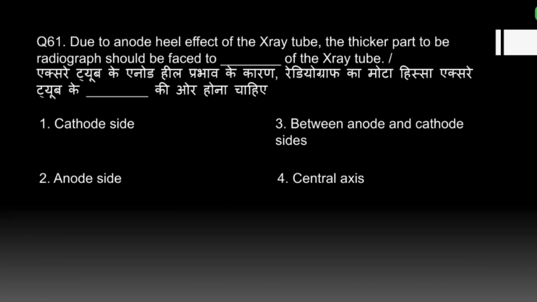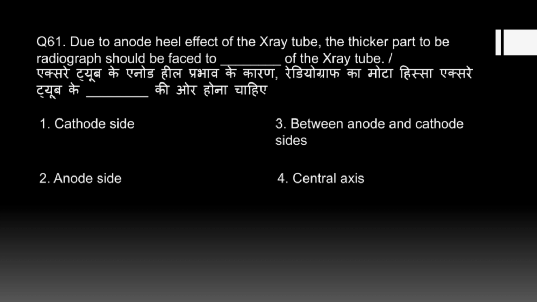Question number 61. Due to the anode heel effect of the X-ray tube, the thicker part to be radiographed should be faced to what side of the X-ray tube? So in the anode heel effect, you know that one part is thicker and one part is thinner. We have to tell which part is thicker to the X-ray tube and which part is thinner. Options are: option 1 is cathode side, option 2 is anode side, option 3 is between anode and cathode sides, and option 4 is central axis.